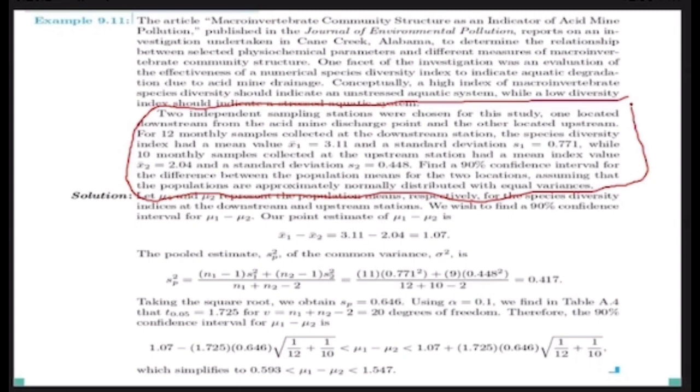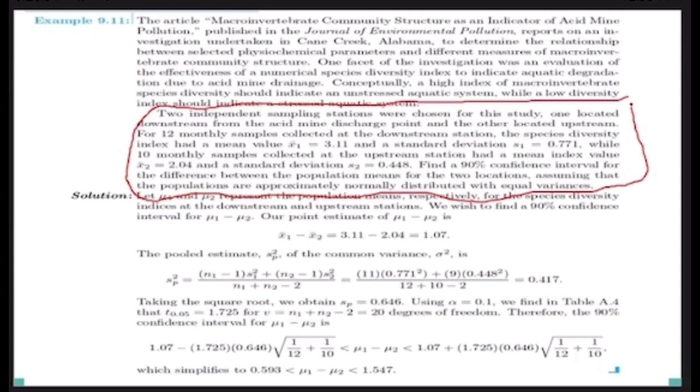This mean and standard deviation were computed from the sample after 12 months of investigation, while the 10 monthly samples collected at the upstream station had a mean index value as well. You can see that they chose 12 samples from one station, 10 samples from another station. When you look at each of those, that is less than 30.